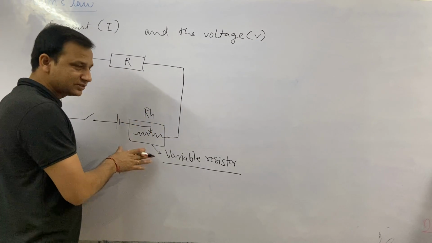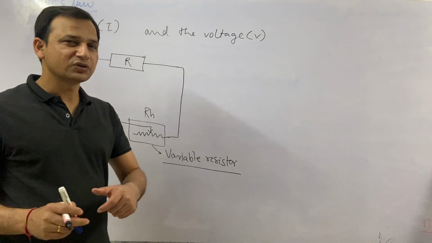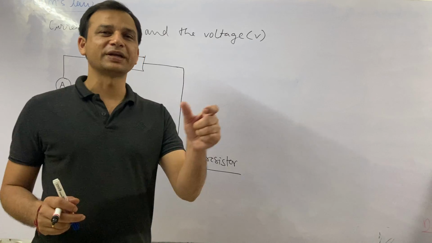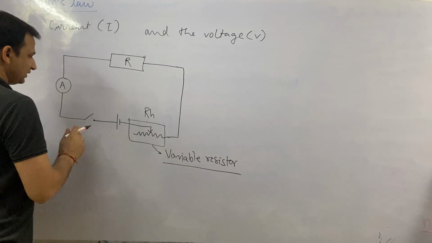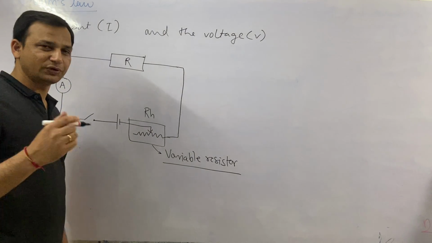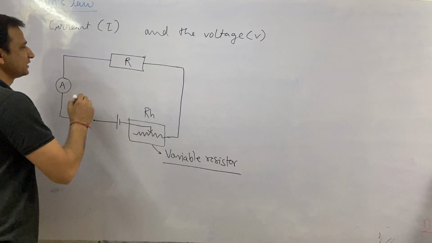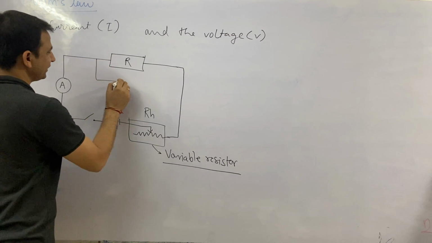You can change the resistance of the rheostat by moving the knob over it. Now if we want to measure the voltage across this resistor, then we need to connect the voltmeter with it.